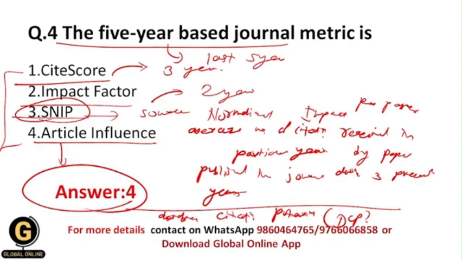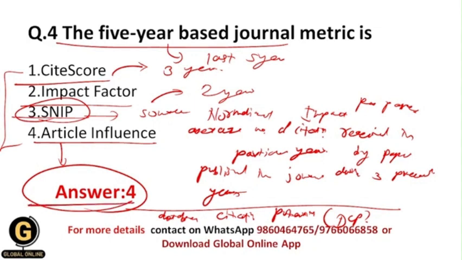Here you are dividing the eigenfactor score, which is the overall importance of a specific journal, by the percentage of all articles recorded in the journal, and that's why this metric is based on 5 years.